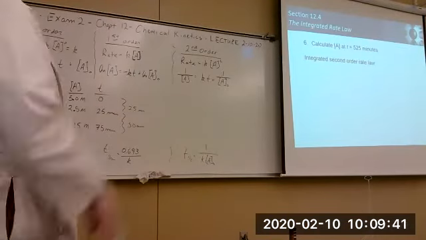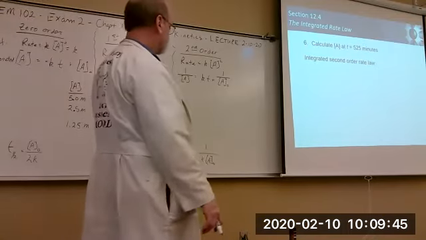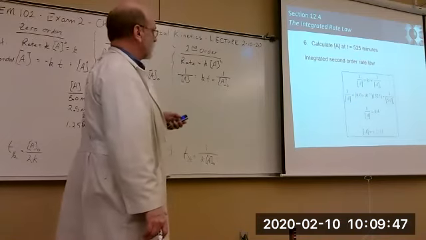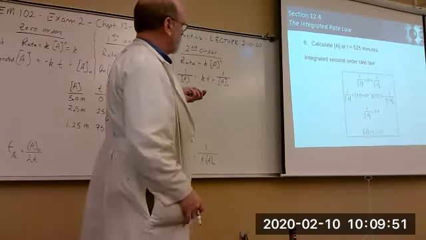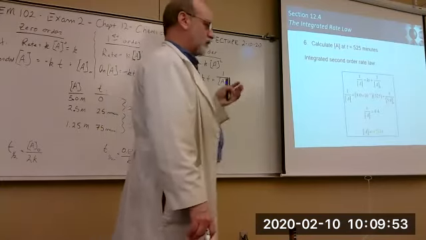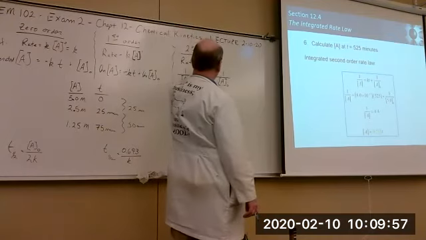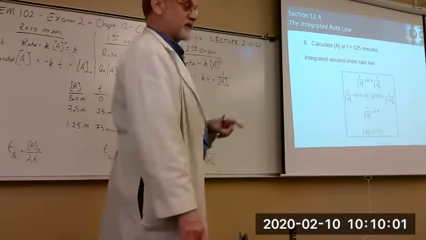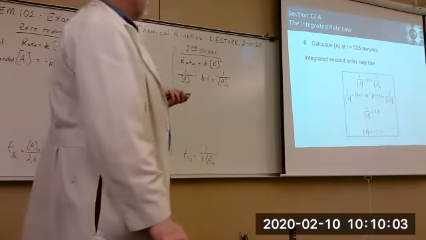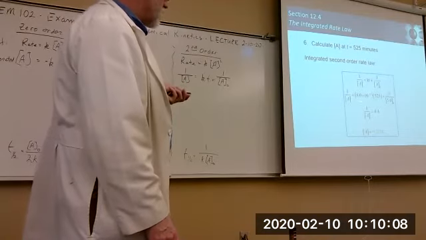Oh, and then we're going to use the rate law to calculate A at t equals 525 minutes. So if we use the integrated second order rate law, why do we use the integrated rather than the differential? Because if you have time involved. Because time, yes, exactly. Time is involved. So if we use this calculation, then we have our K value here.